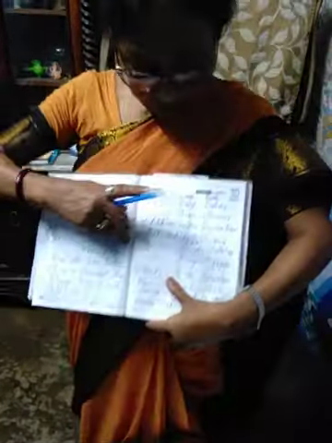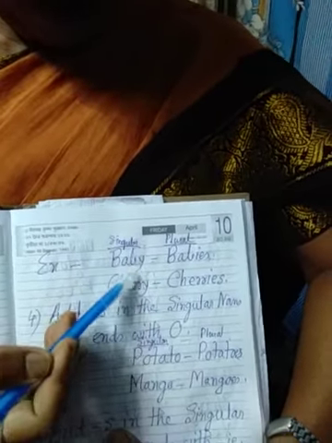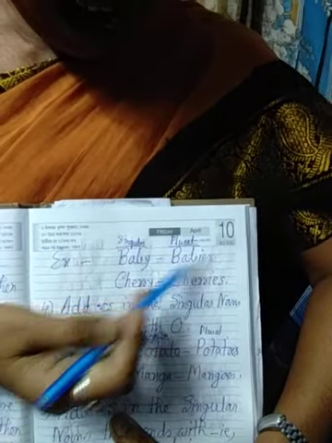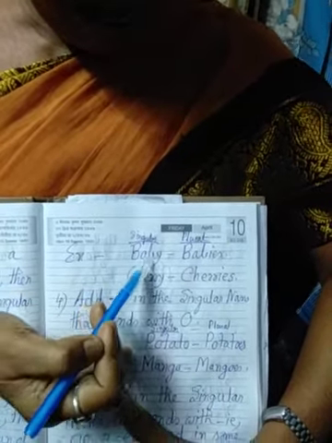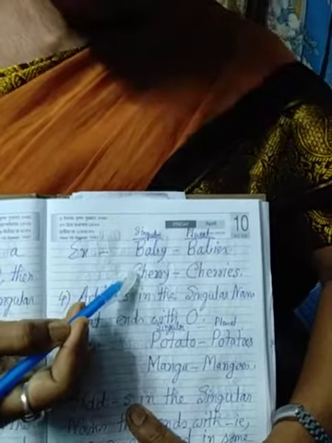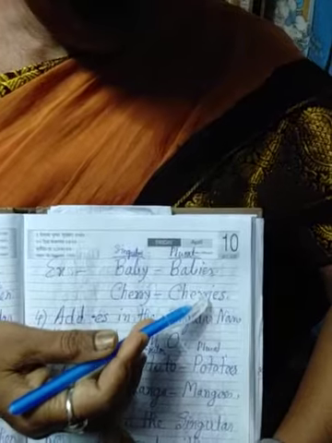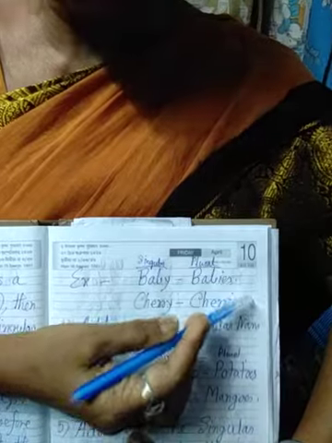Baby, B-A-B-Y, before Y the letter is consonant B, so we omit Y and put IES: babies. Cherry, C-H-E-R-R-Y, omit Y, in the place of Y put IES: cherries.